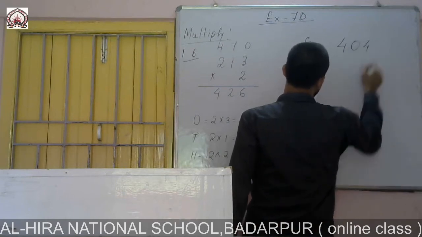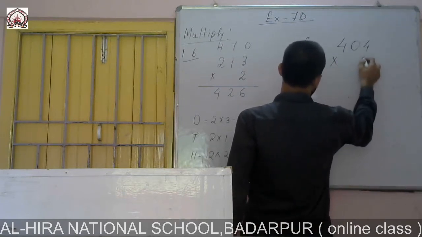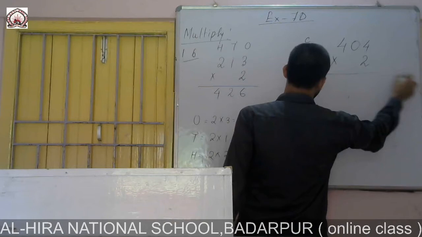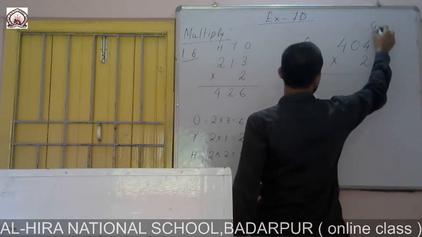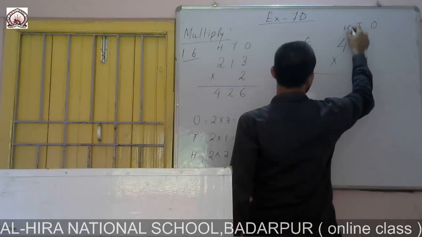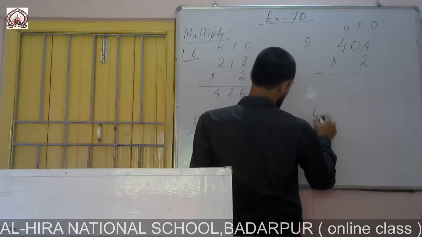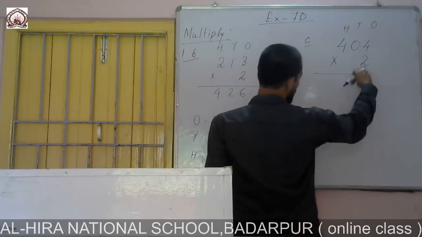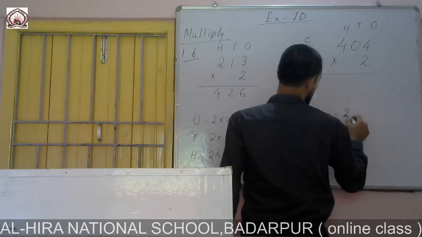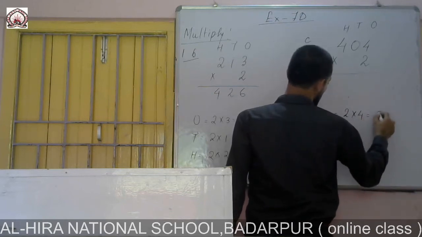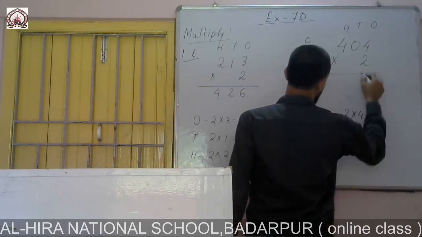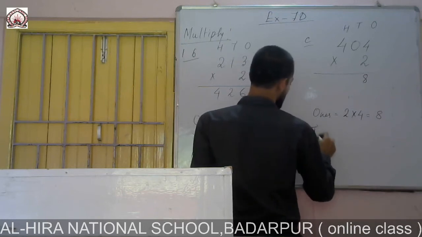Now next question, C. 404 multiplied by 2. This is the ones place, tens place, hundreds place. At first we multiply the ones place. 2 into 4 equals 8. So we write 8 here. Now the tens place.